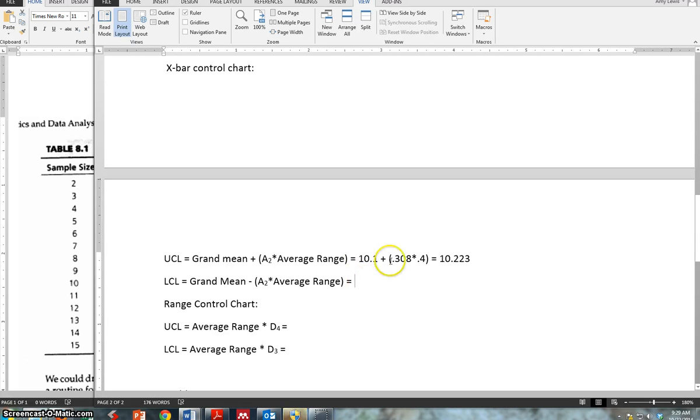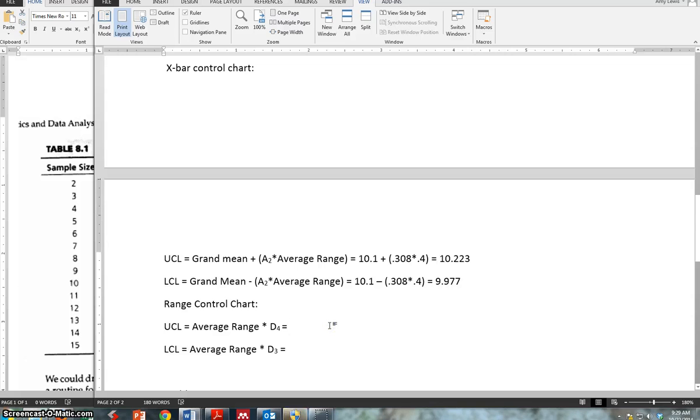For my lower control limit, I'm just going to change this sign here. I'm going to subtract it, so 10.1 minus 0.308 times 0.4, and that's equal to 9.977. So that's my control chart for X bar, my limits.